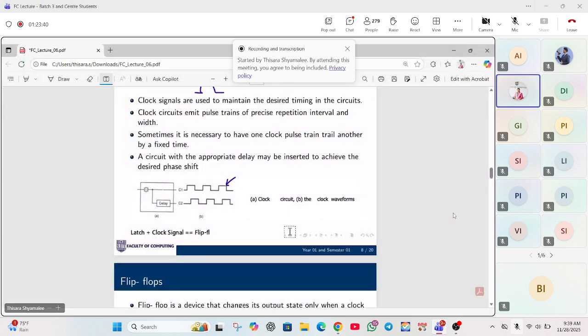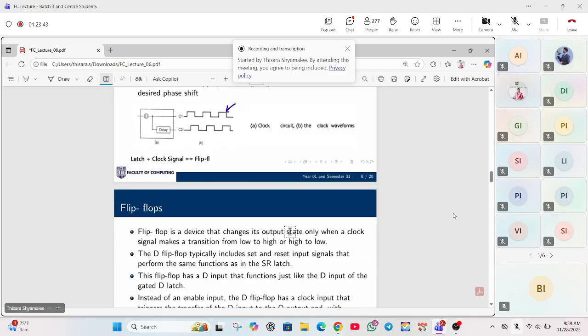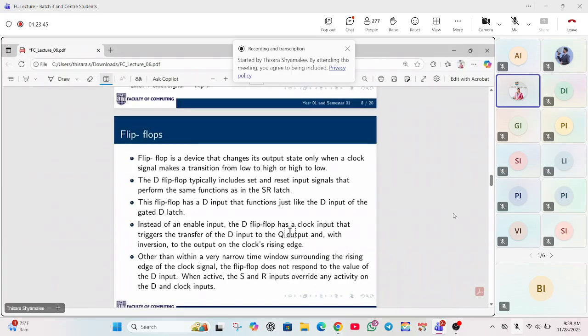Okay, so moving to the flip-flop, we have earlier seen the SR latch. The SR latch gets two inputs, S and R, and two outputs, Q and Q bar.